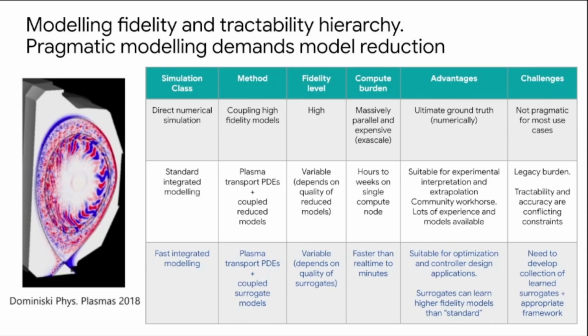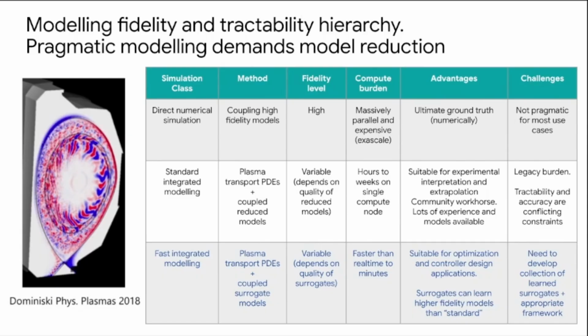So what we need for these many query applications with fast integrated modeling is coupled plasma transport PDEs, where I'm going to focus the discussion on the plasma core, and coupled surrogate models, which I will discuss. Here, the ML surrogates' compute time is relegated to the population of the training sets, and could even use higher fidelity models than used in standard integrated modeling.